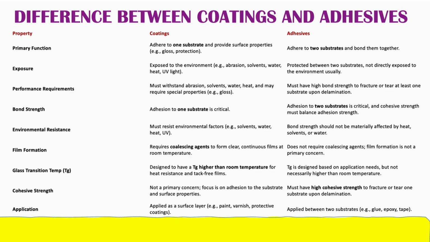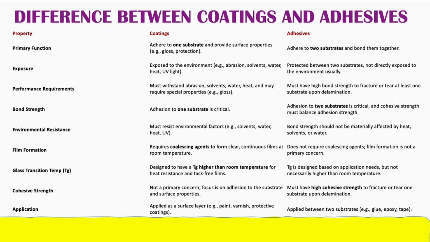Therefore it does not need some of the performance properties that must be built into a coating; the adhesive can escape those properties. But yes, it must ideally have a bond strength high enough to fracture or tear at least one of the substrates.